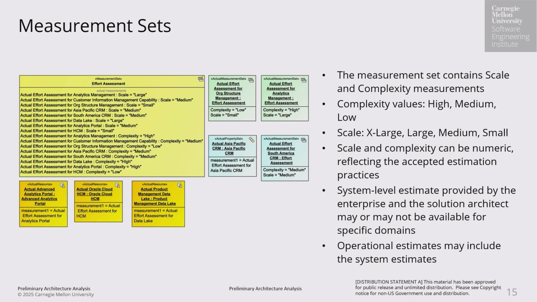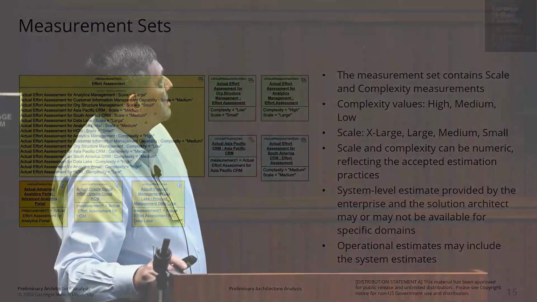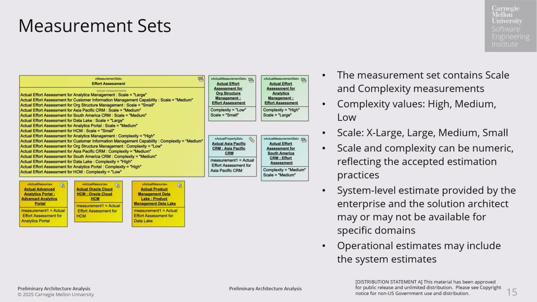So we applied measurements. Presumably, as an architect, you talk to your peers in the domains, in the corresponding business units, and you would do the estimates using this type of measurement. So you could see the estimates were applied to various parts of this model, and you could have measurements on the operational level, on the capabilities level, and finally at the system level.